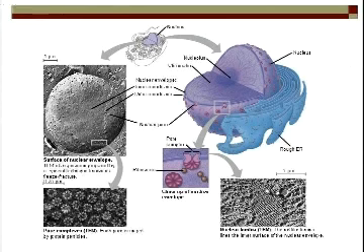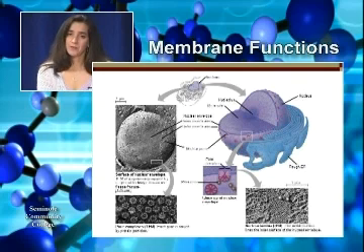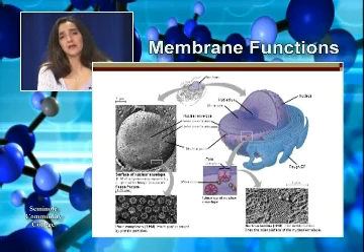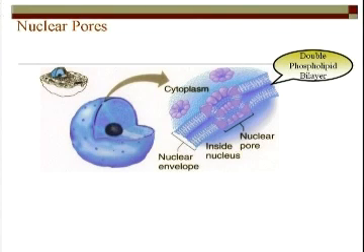Inside this nucleus, we find this double phospholipid bilayer. Now, when I say that it is a double phospholipid bilayer, that means that the phospholipid membrane actually folds back upon itself. This folding creates two phospholipid membranes. As it folds across itself all over the cell, it creates nuclear pores.